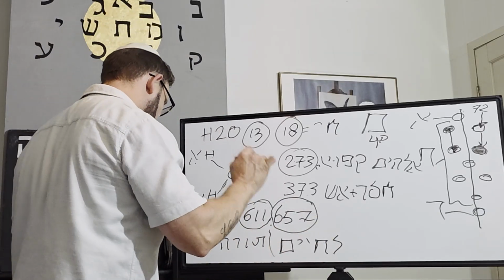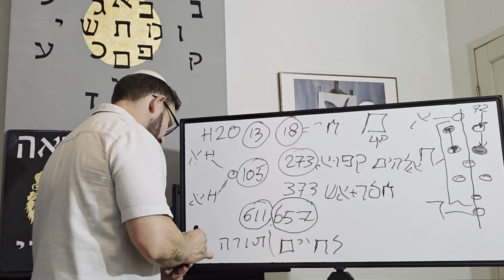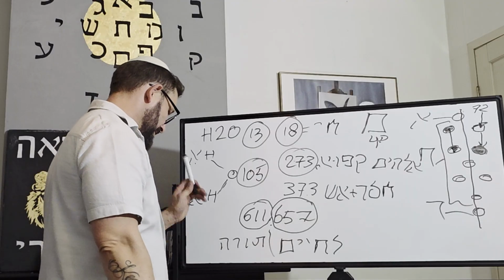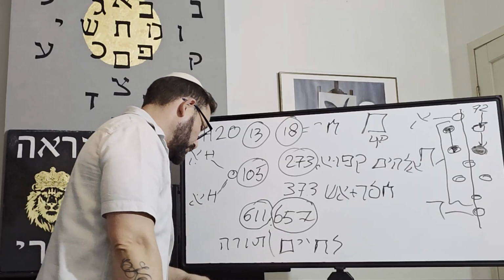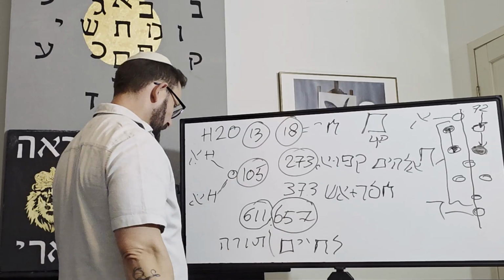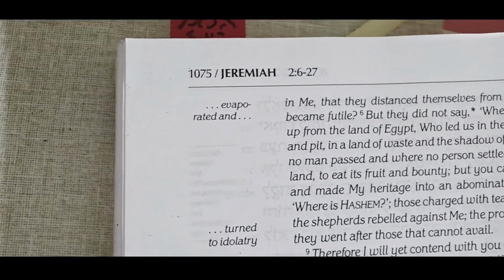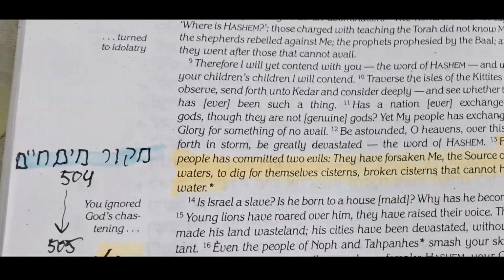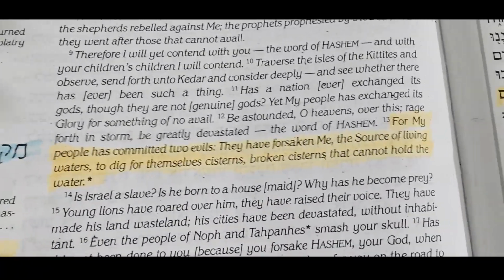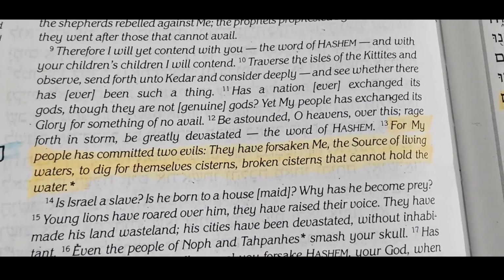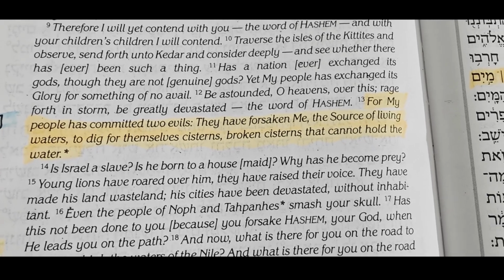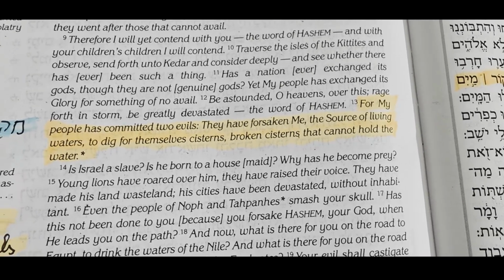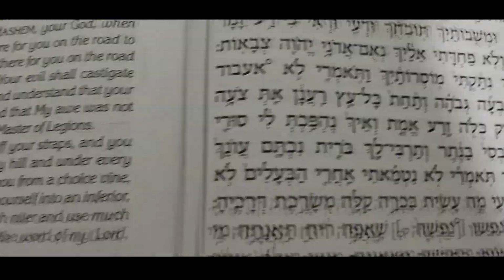So, living Torah, and that's precisely, and we can find the exact same letters in Jeremiah 2 verse 13. So Yirmiyahu 2 verse 13. For my people has committed 2 evils, they have forsaken me, the source of living waters, to dig for themselves cisterns, broken cisterns that cannot hold the water.